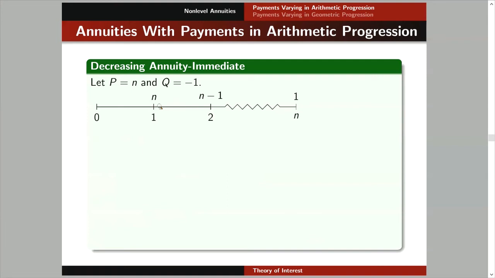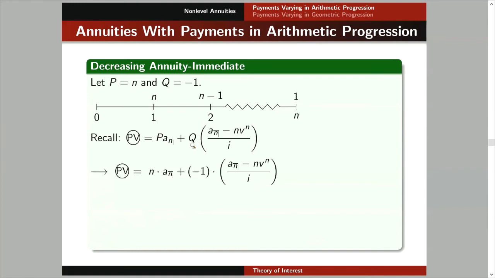Pwede rin siyang 500, 400, 300, 200, 100. So we are going to recall again our single formula for an annuity with payments in arithmetic progression. And then we substitute P equals N and Q equals negative 1.